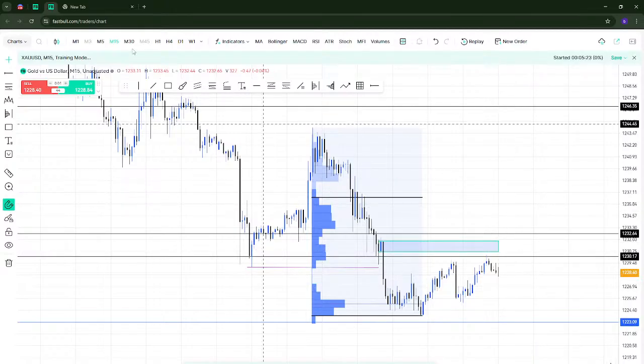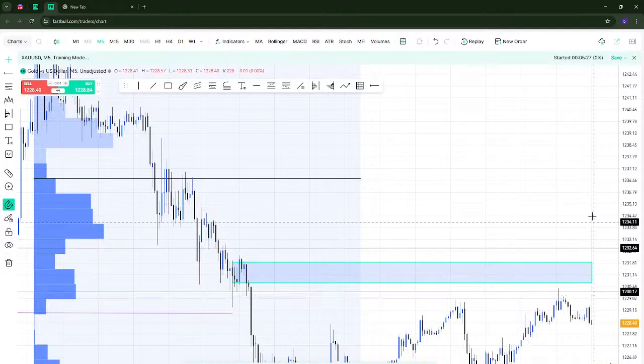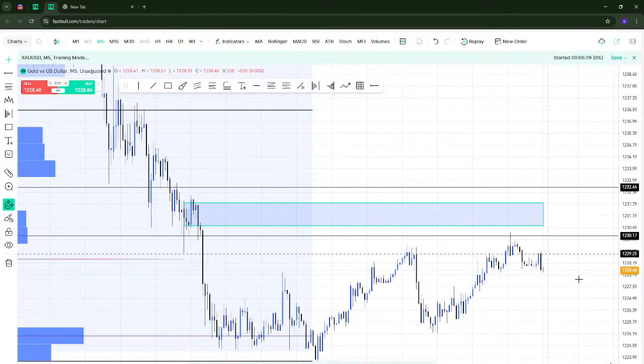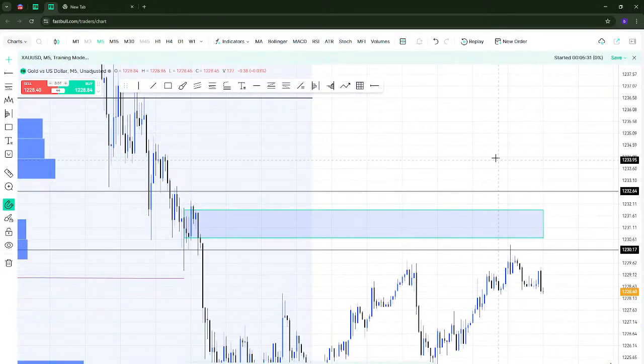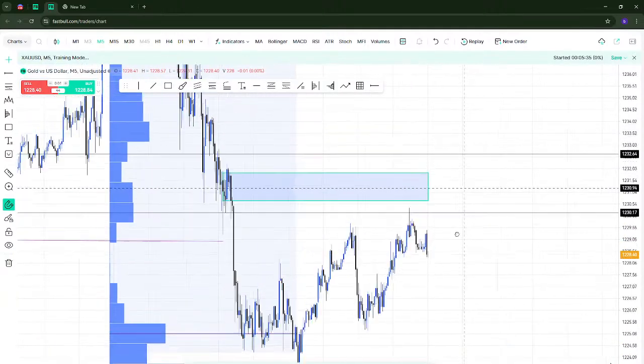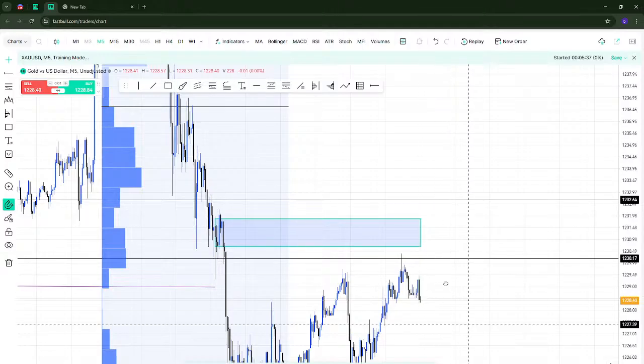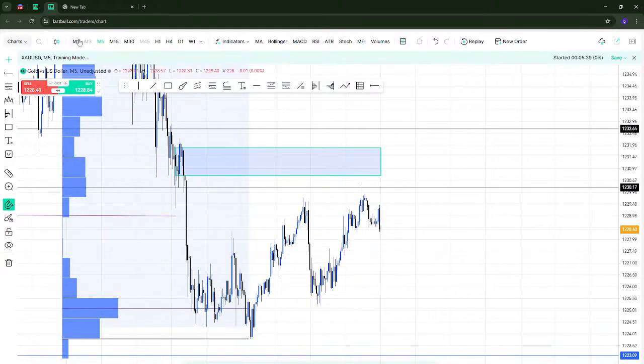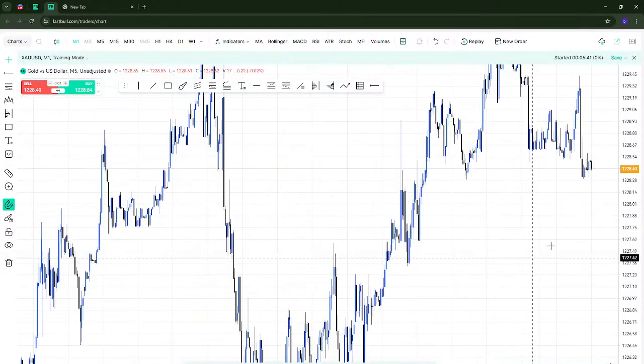We have touched the daily zone now. Sometimes taking trades from out of volume zones, they are so hectic. For example, you don't have the volume here. So sometimes it's very hectic to take the trades from this kind of zone.